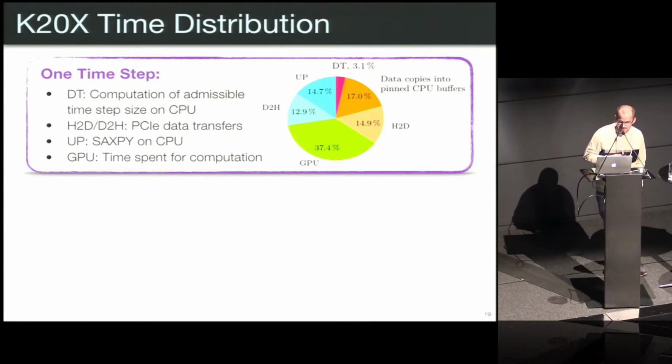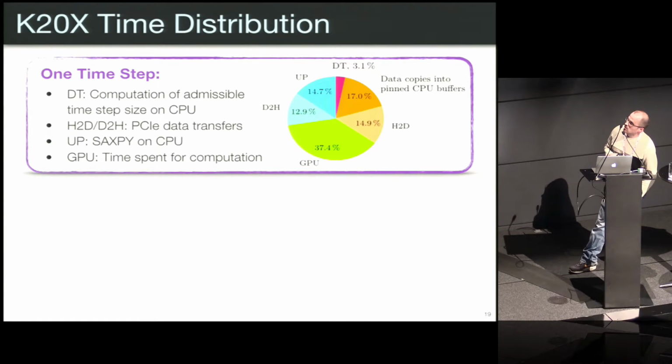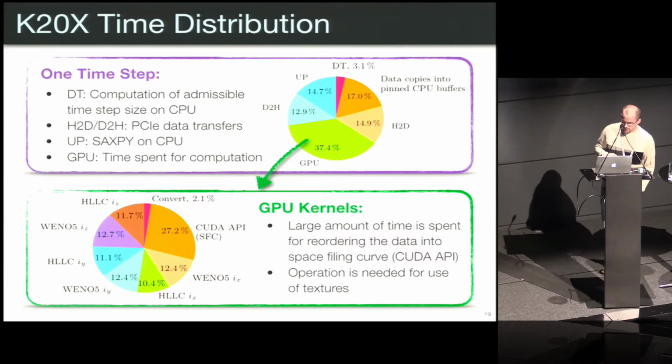There is a slightly higher percentage in the H to D copies, which is due to the extra copies of the ghost cells to the GPU. And then we spend about 37% doing computations on the GPU and about 15% on the Saxby update on the CPU side again.